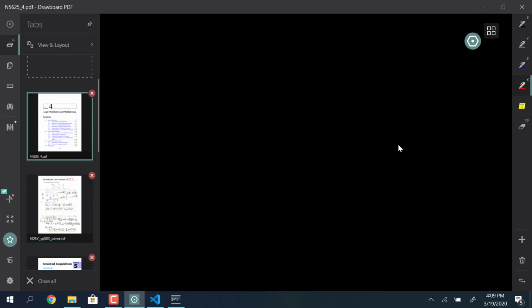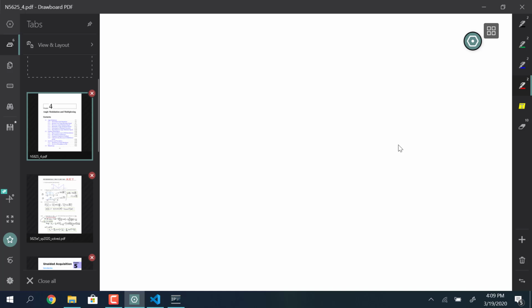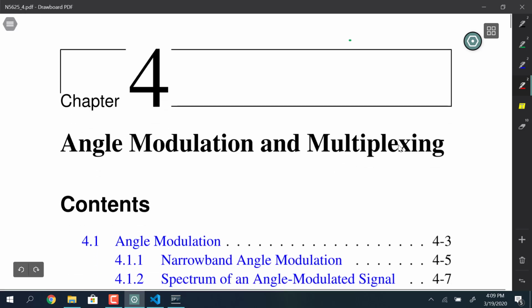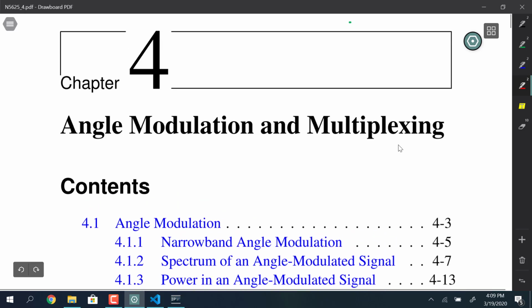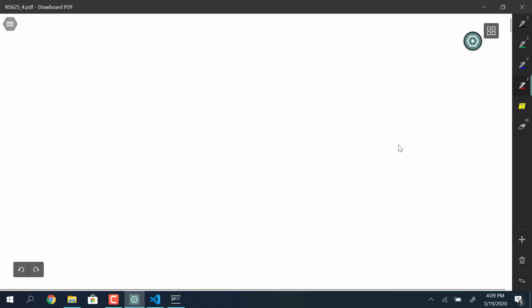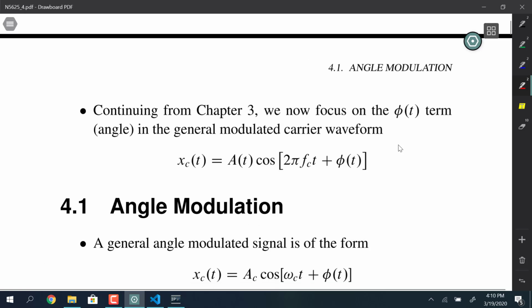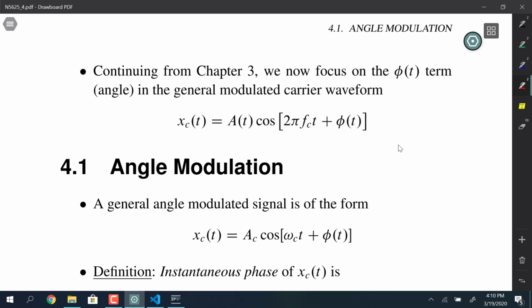So I just want to get a little bit started on angle modulation, and then I'm going to say some things about the project. At one time, before the current edition of the Ziemer and Tranter Communications Theory book, chapters 3 and 4 were all in one, a large chapter.